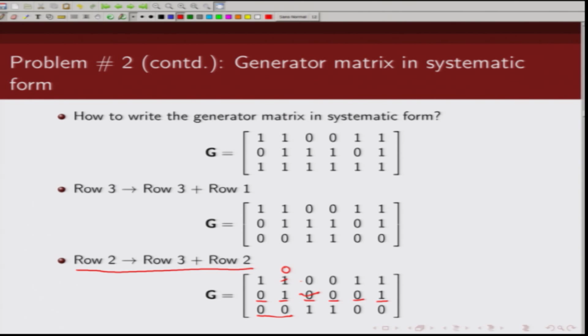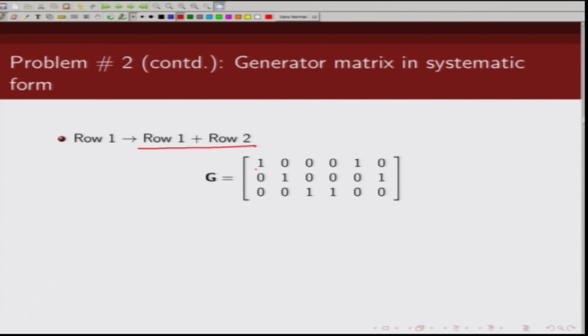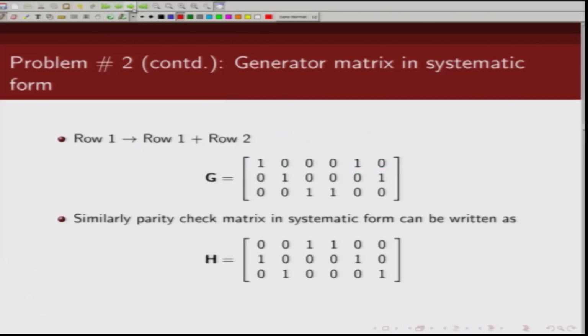This will be 0, this will be 1 and this will be 0. So, if we do this transformation, what we get is this. Now, note that this is our identity matrix, a 3 cross 3 identity matrix, and this is your another matrix P. Okay. So, by doing elementary row operation, we are able to get our generator matrix in a systematic form.